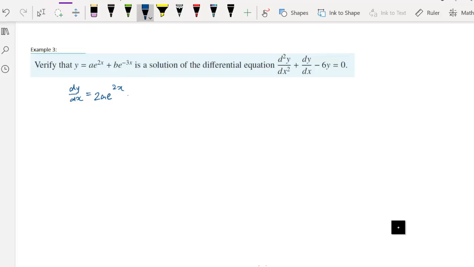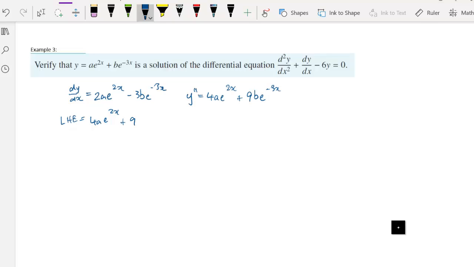So it will be subtract 3be to the negative 3x. And the second derivative will be multiplied by 2 again, so we've got 4ae to the 2x, and plus 9be to the negative 3x.